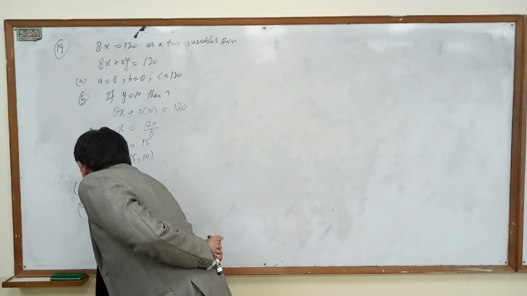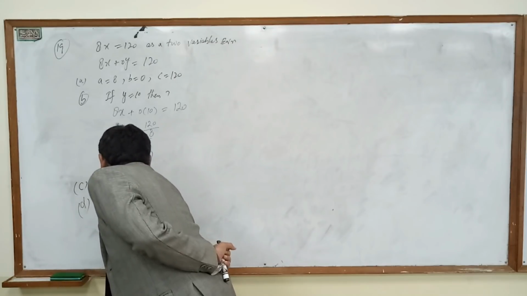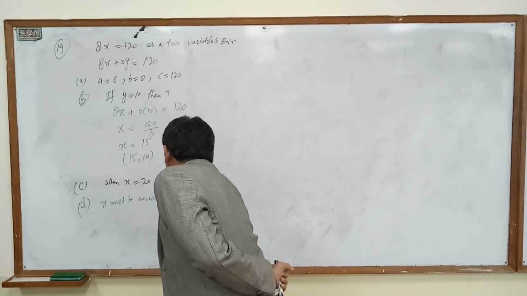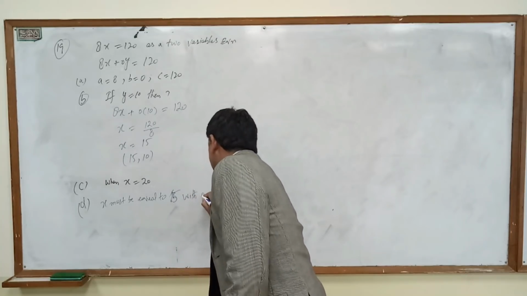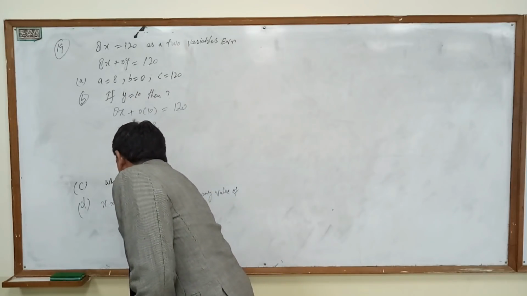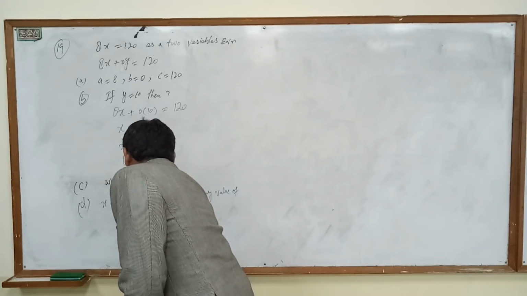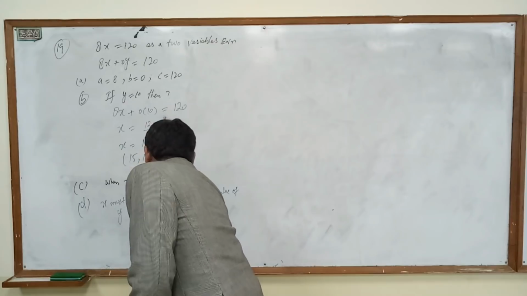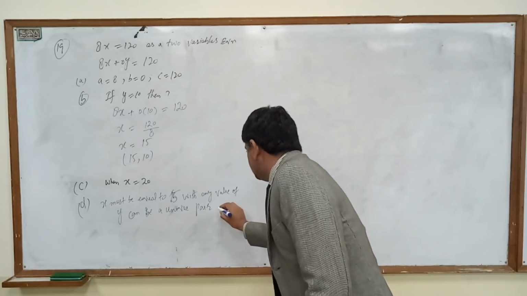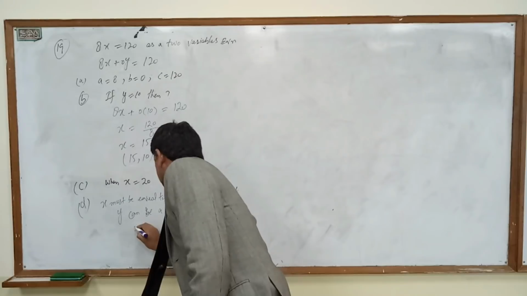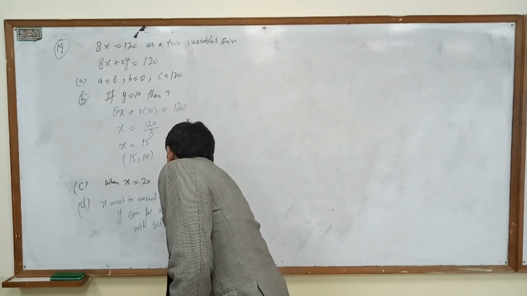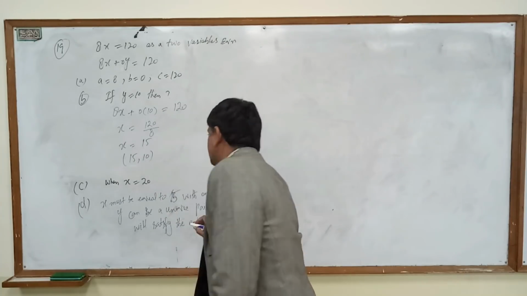What can we write? x must be equal to 15 with any value of y can be a unique pair or solution which will satisfy the equation. Okay, students?